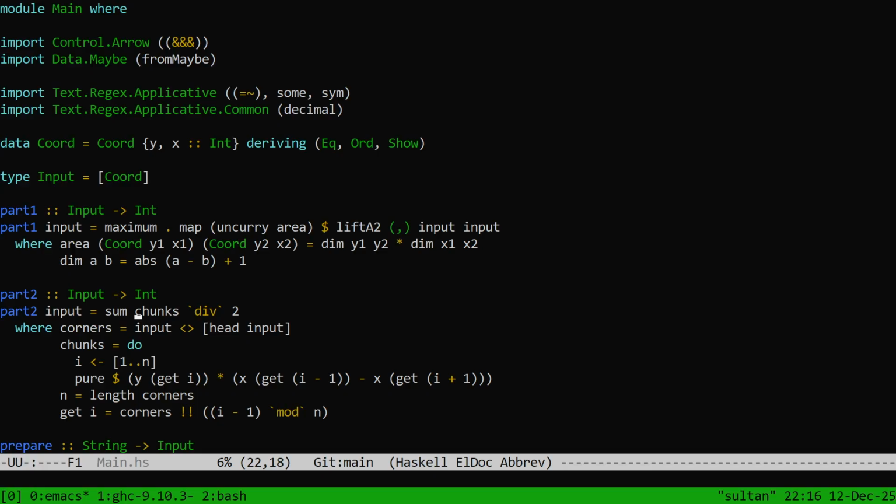Yeah, that looks right. And it turns out we actually didn't do this part, I guess. n is the length of the corners, yeah. We subtract 1 from i because it's 1-indexed, and mod by n. Yep, that all looks right.